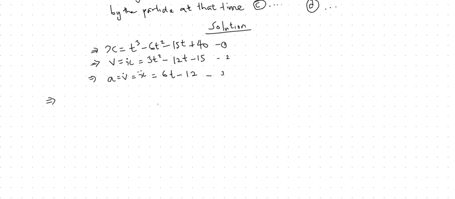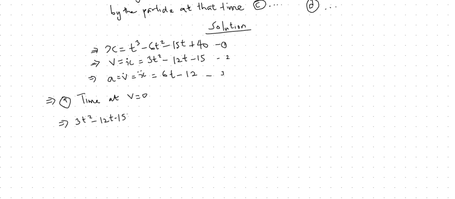So A, the time at velocity equals 0. I'm just going to equate my velocity to 0, and if I do that, I'm going to have 3t squared minus 12t minus 15 equals 0.